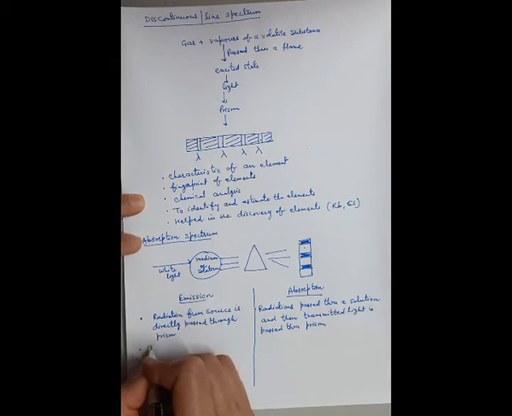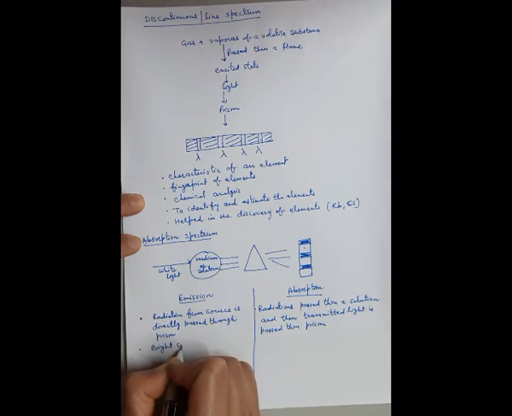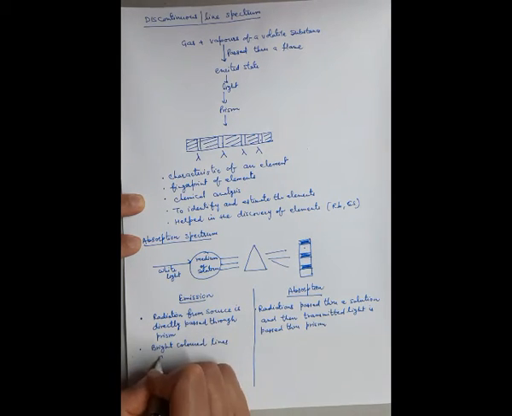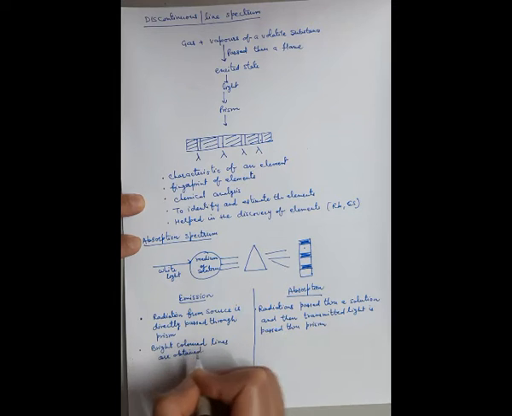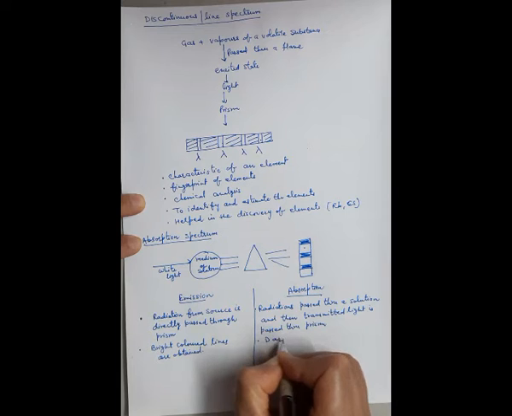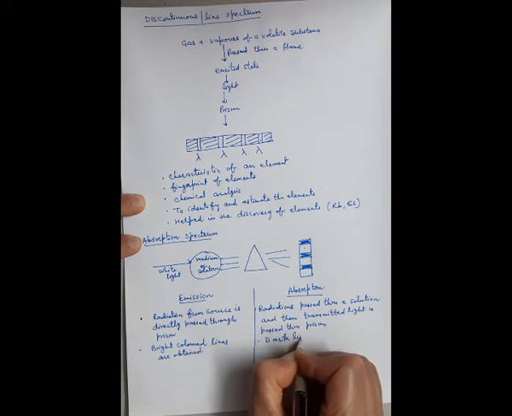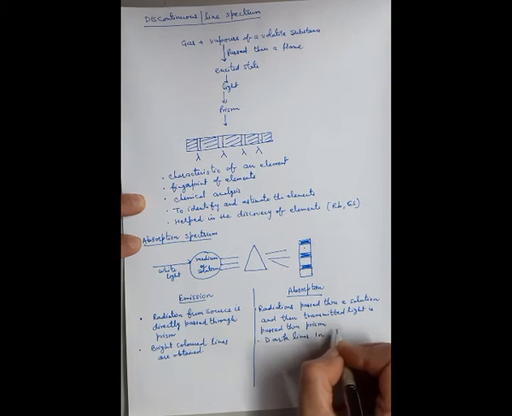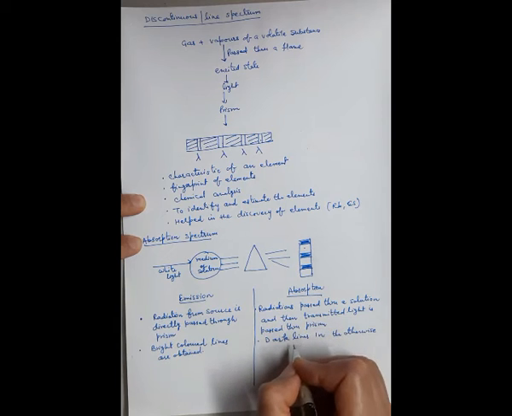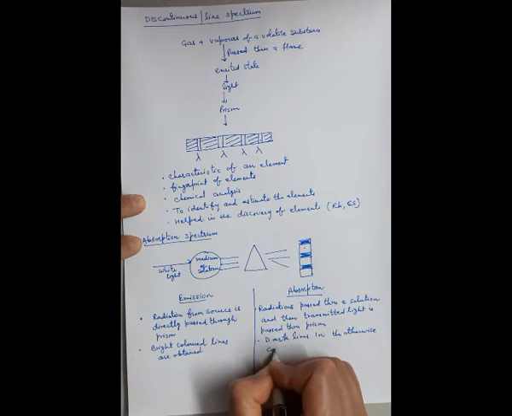Second, you can say in this case bright colored lines are obtained, whereas in this case it consists of dark lines in the otherwise continuous spectrum.